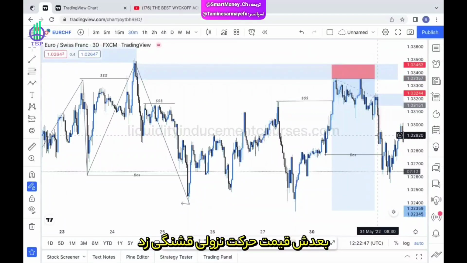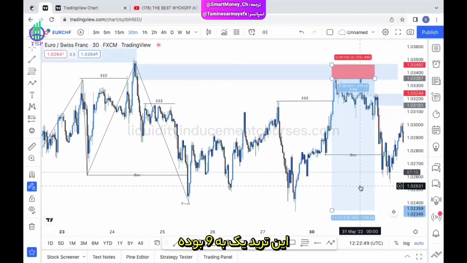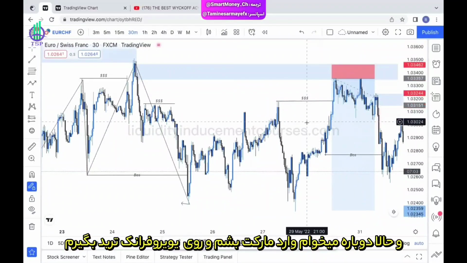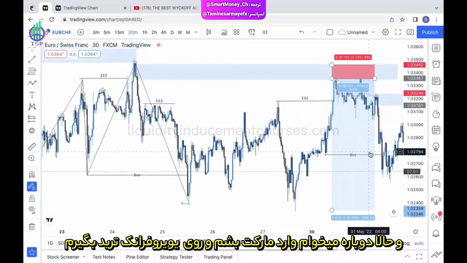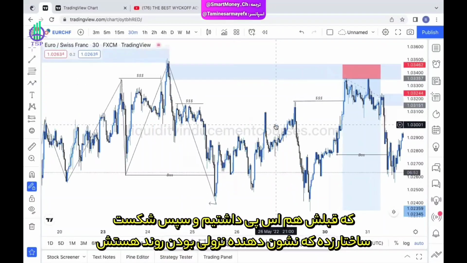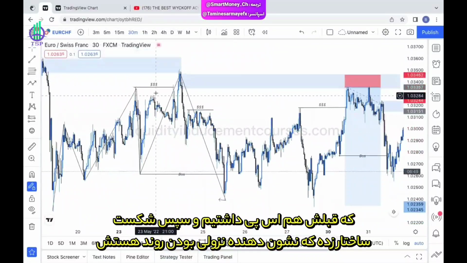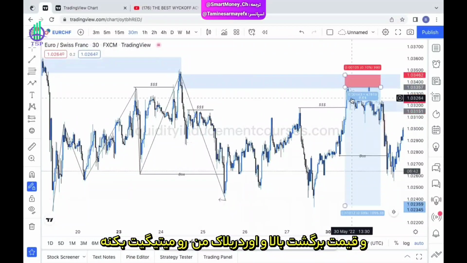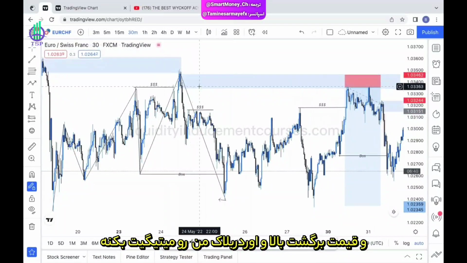And then price sold beautifully to the downside. This trade was a 1 to 9. But then let's assume I had missed this entry, and I want to engage in EURCHF again, but I had missed my initial entry, which was the RTO, after I had my SP and my break of structure showing me intents that we could be going bearish, and then a continuation upward to mitigate my RTO, which is my order block.